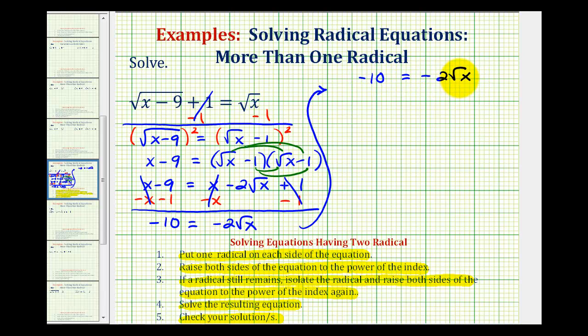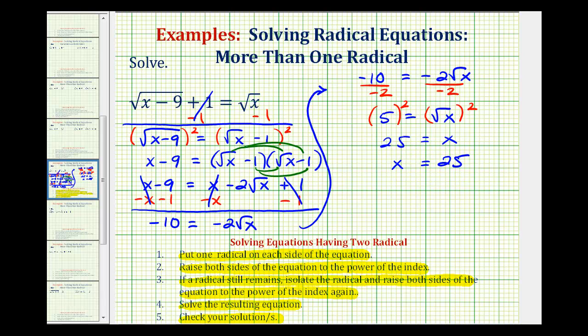So now we'll divide both sides by negative 2. So we have the equation 5 equals the square root of x. Now to undo this square root, we'll square both sides again. And so we have 25 equals x, or x equals 25.